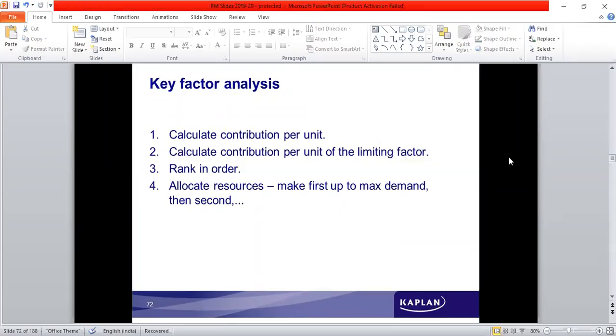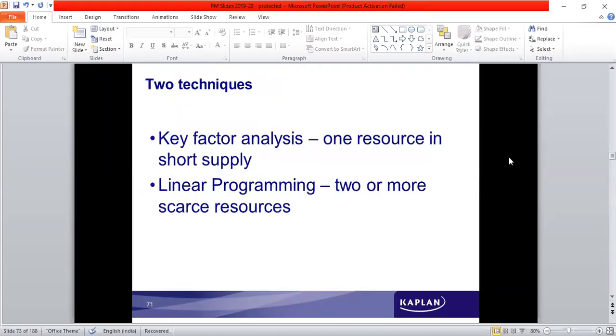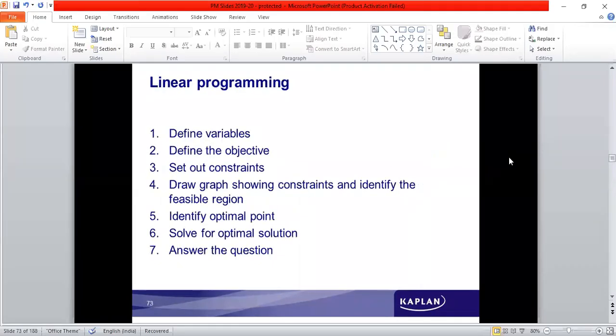Continuing with this one, if the limiting factor is not just one, if two or more scarce resources are there, then we have to depend on linear programming. I do not know how many of you have learned linear programming.